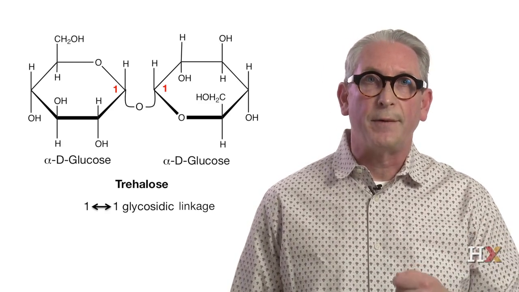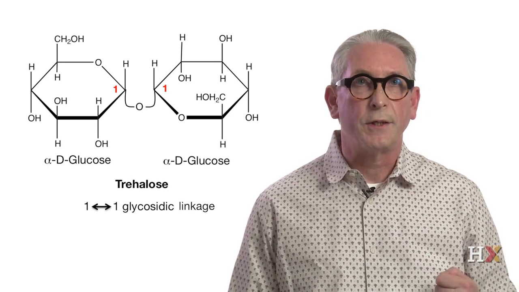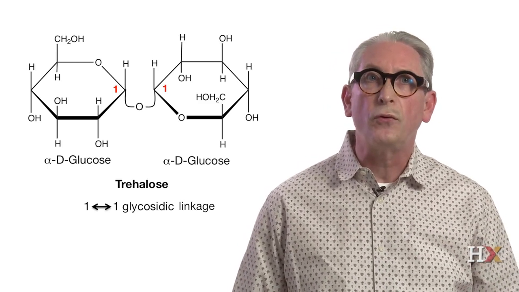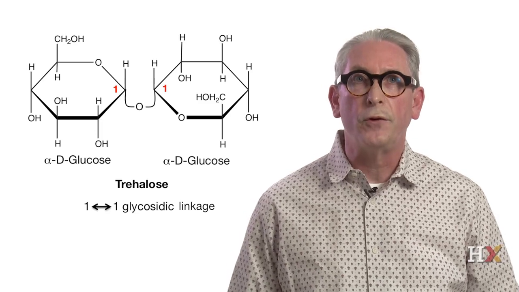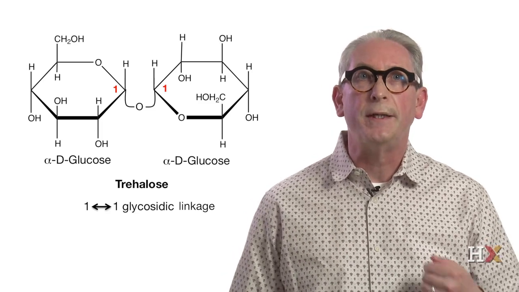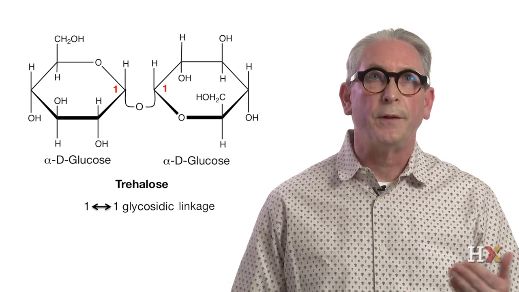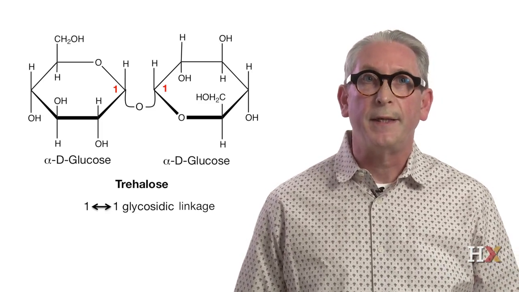And the disaccharide that results from this linkage is called trehalose. In this case, because the two reducing carbons of the glucose units are engaged in this glycosidic linkage, the disaccharide is non-reducing.